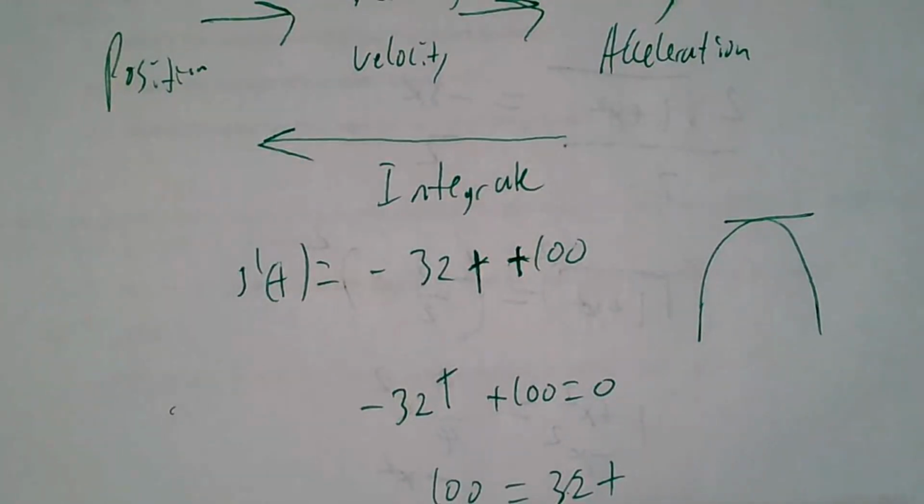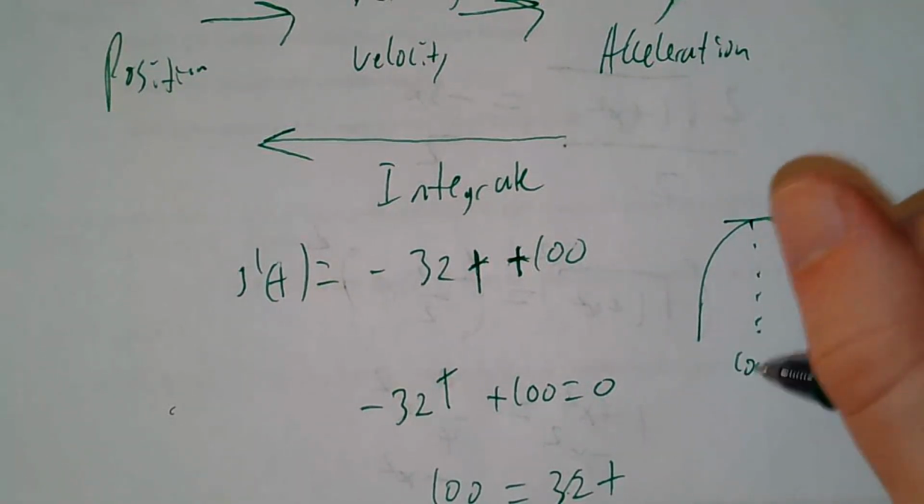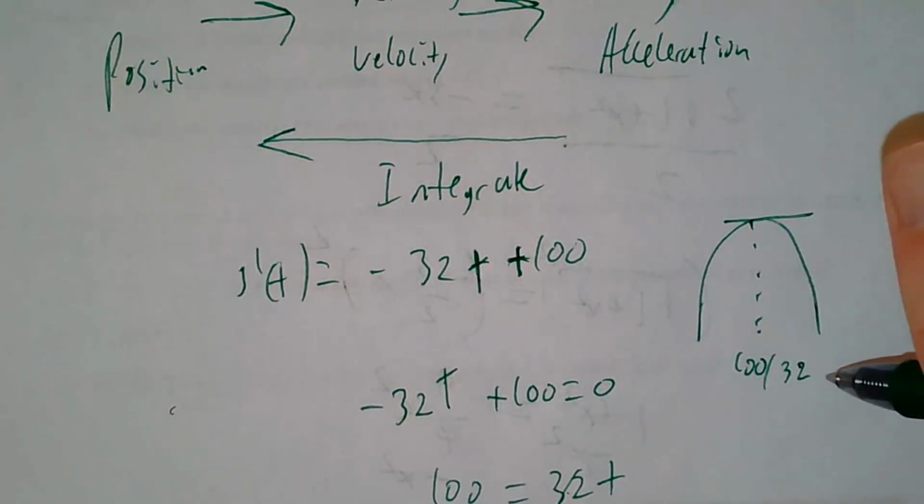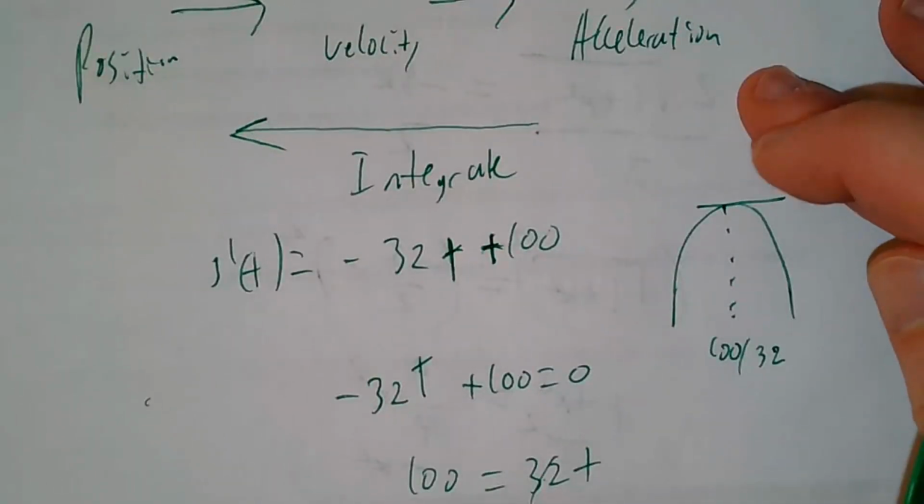So t equals 100 over 32. So that's the time of this, 100 over 32. And then we've got to plug it in to get the height.